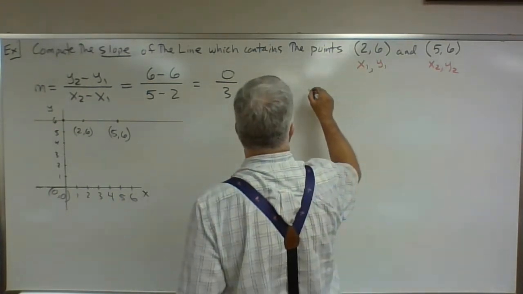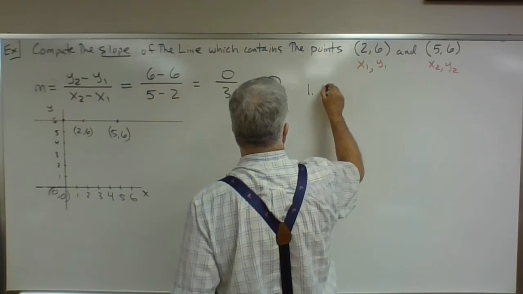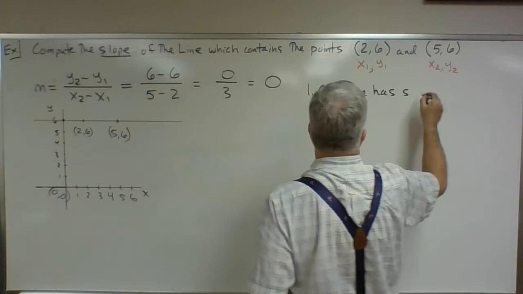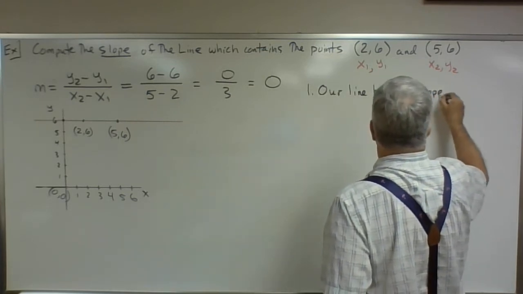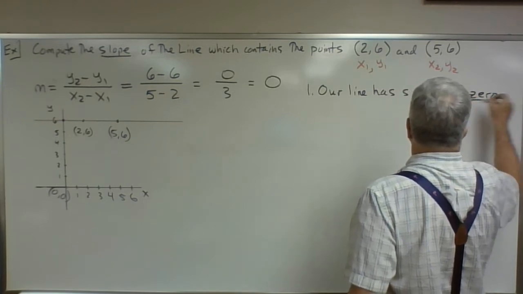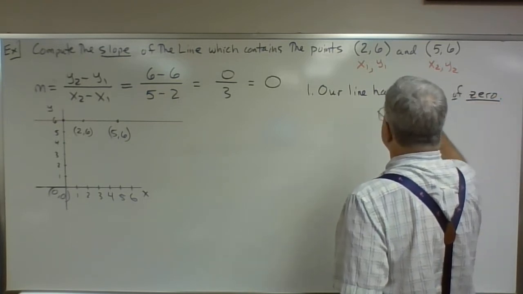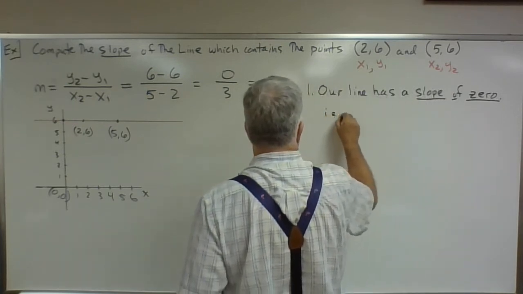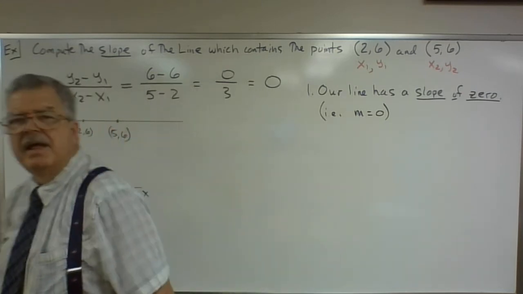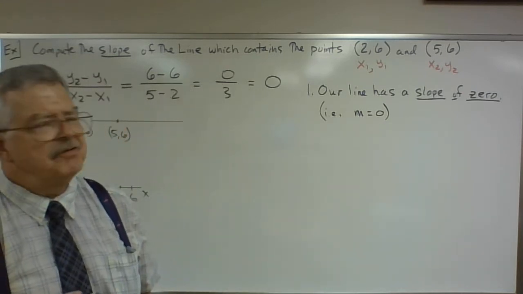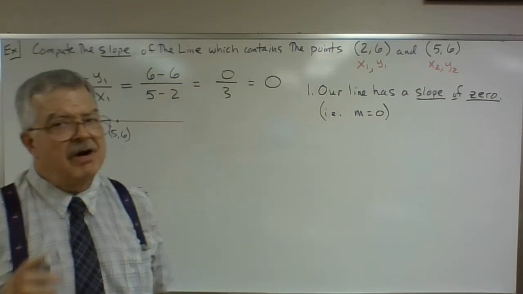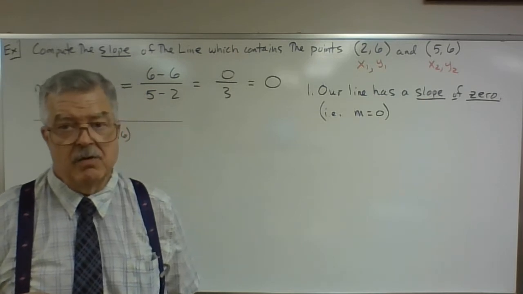So here's the first observation. And we want to make clear this is not just a coincidence. Whenever we have a horizontal line, the slope is 0.